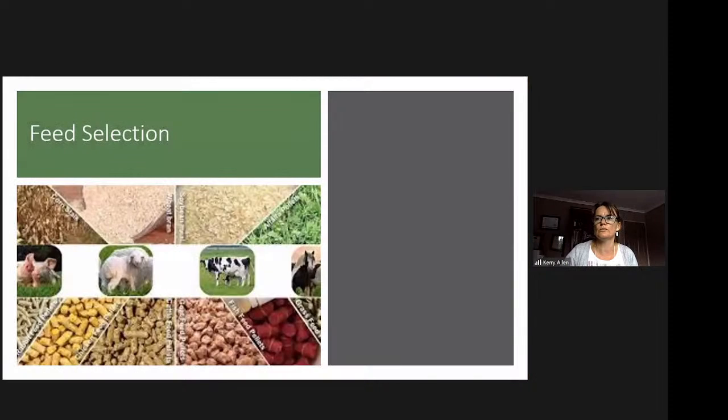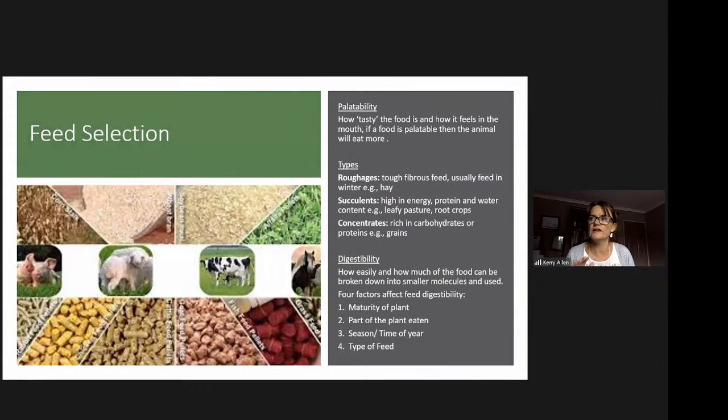So this question will once again be dependent on the animal that you are looking at. So for all of them, though, they are broken into these three things, and that is palatability, so how tasty it is, the type, so whether it's a roughage, a succulent, or a concentrate, and you can see the differences of those on the screen, and digestibility, so how easily it is to break down.